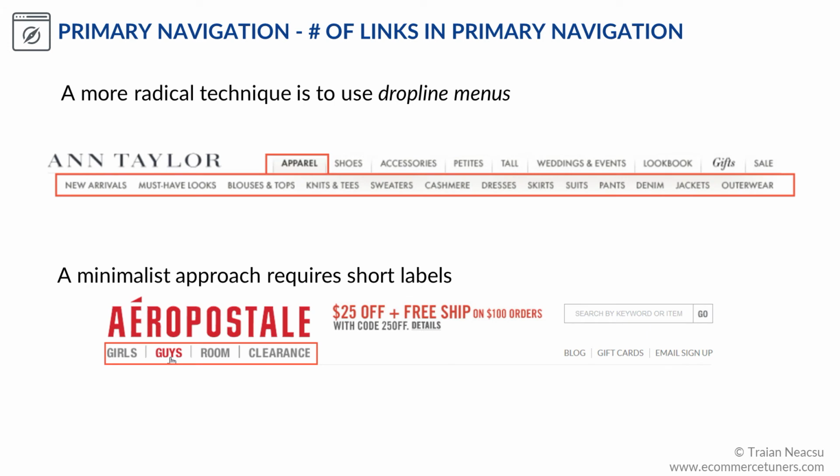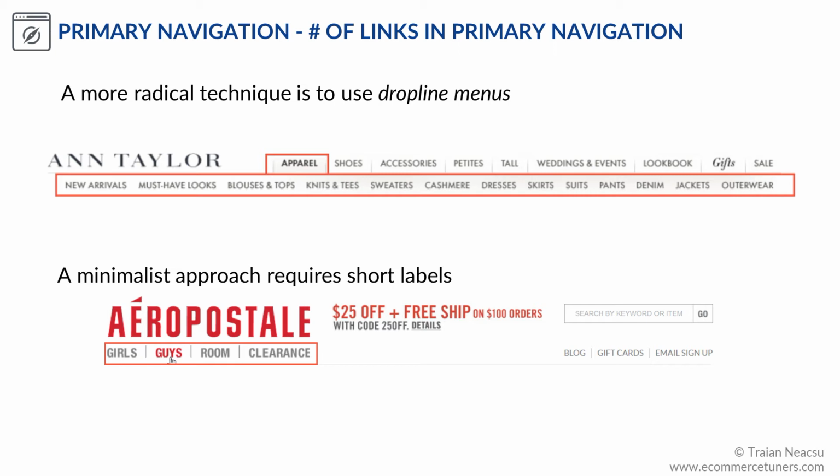A more radical technique for limiting the number of links in the navigation is to get rid of submenus completely. There will be no drop-downs and no mega menus, but you can eventually use just a drop-line menu. A drop-line menu is a submenu that has only one line of items in it. When you use a drop-line menu, you need to carefully choose the labels.